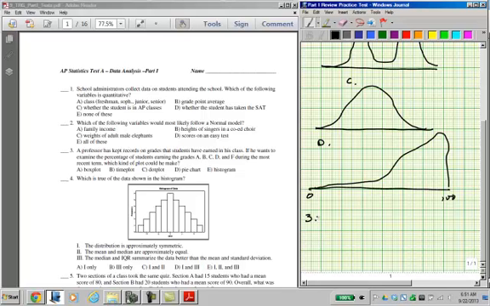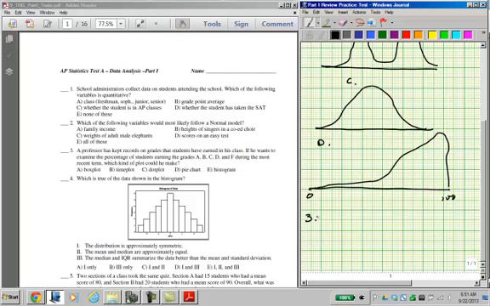But by calling them A, B, C, D, and F, you're making categories. So this is a categorical variable, and the answer is pie chart. All the rest of these choices, box plot, time plot, dot plot, and histogram, are visual displays for quantitative data. So the answer to 3 is D, pie chart.